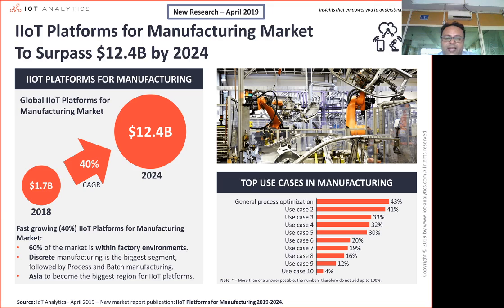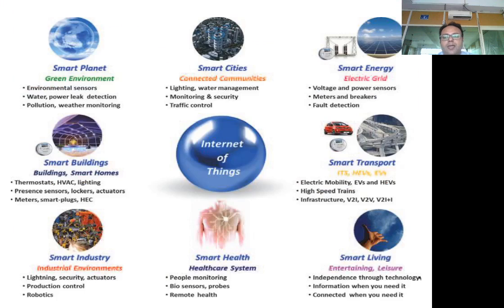And Asia is going to be the biggest potential region for IIoT platforms, right? So this is going to be a very bright future and the revolutionary stages of the modern digital era we are going to see in the near future.